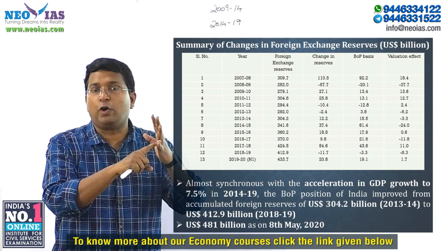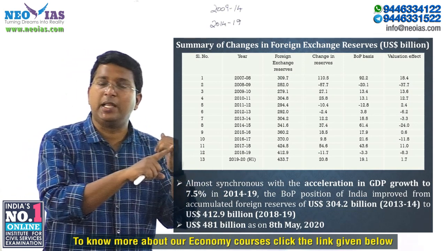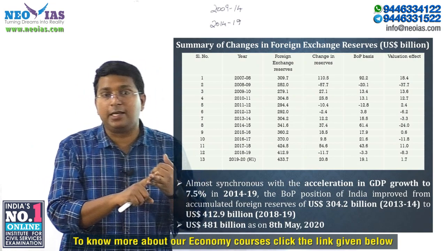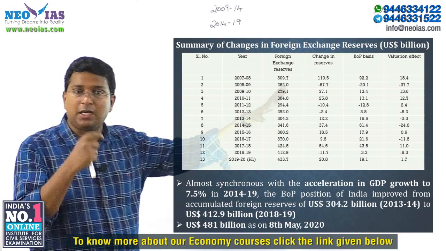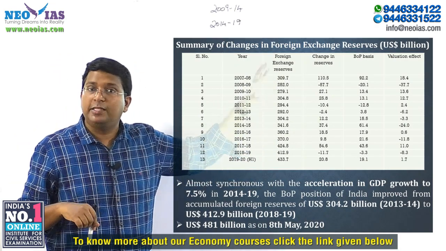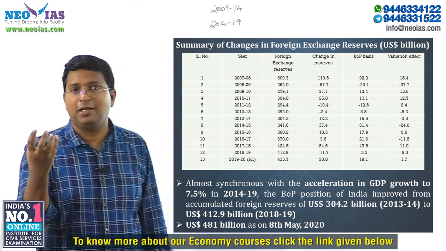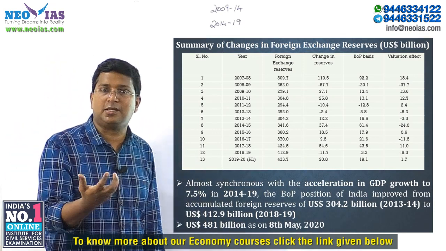First is foreign currency assets. Foreign currency assets, major component of foreign currency, especially US dollar, pound sterling, euro, and Japanese yen. So foreign currency assets is the major component of forex reserve. Then gold stock of RBI, the gold holdings of RBI is another component of foreign exchange reserve.